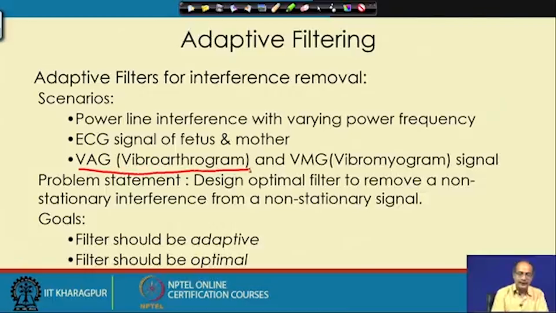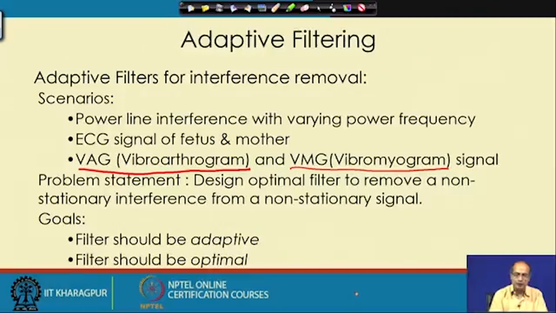But as we are moving the knee, there must be some signal given to the muscle, and the vibration generated by those muscles, that is the vibromyogram, is also picked up by the mic there.